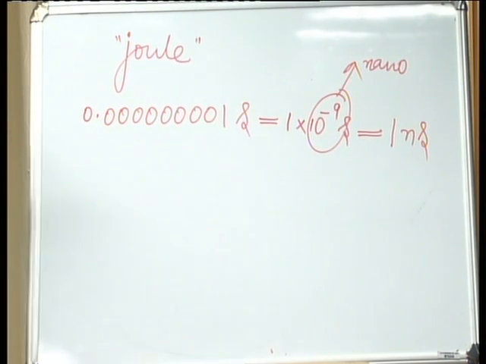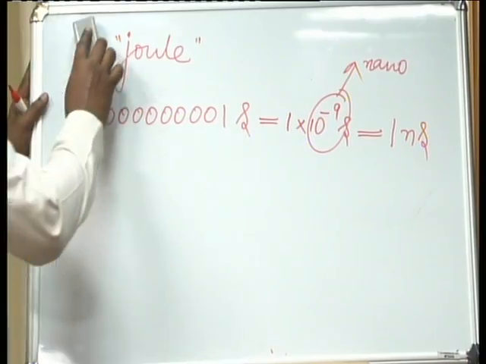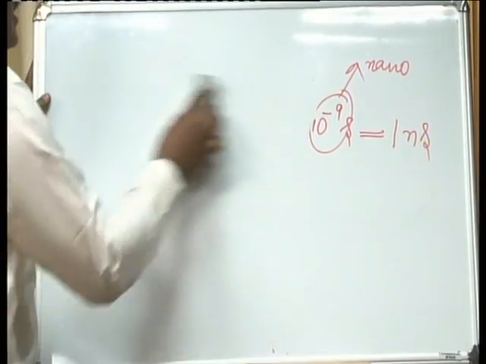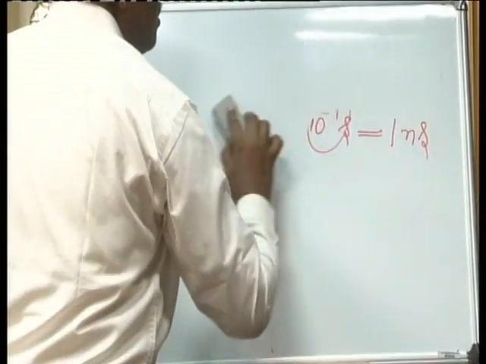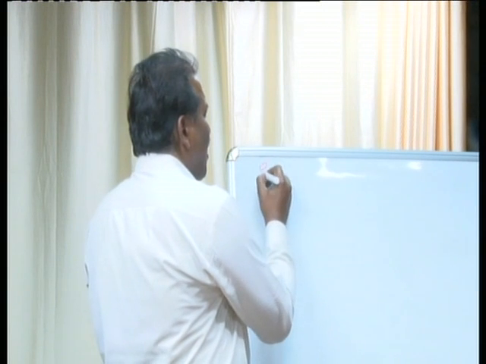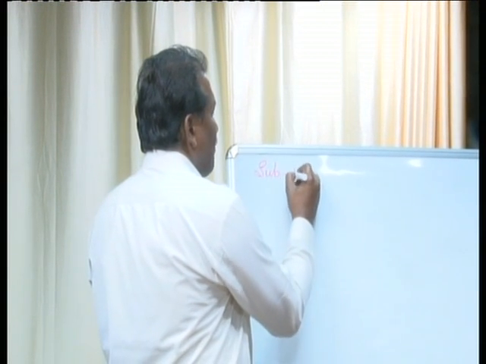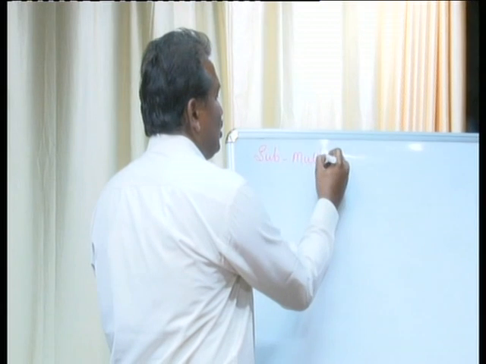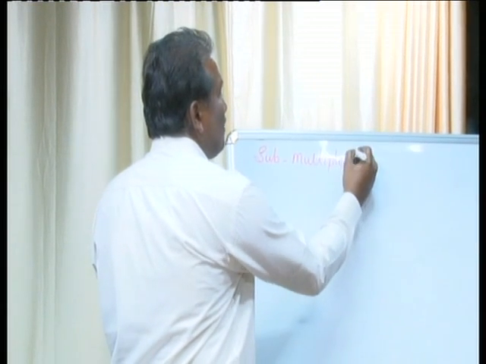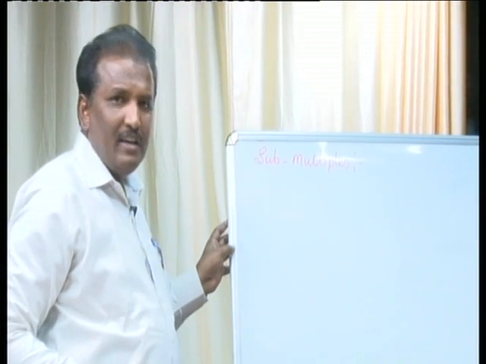The advantage is that whether the given physical quantity is very small or very large, we can express it comfortably by using submultiples and multiples in the SI system. So, I am going to write a few of the submultiples, so please watch. Here is the list of submultiples used in the SI system.